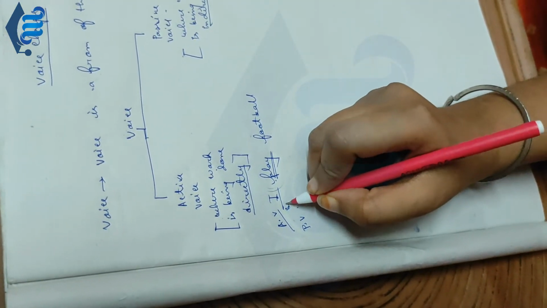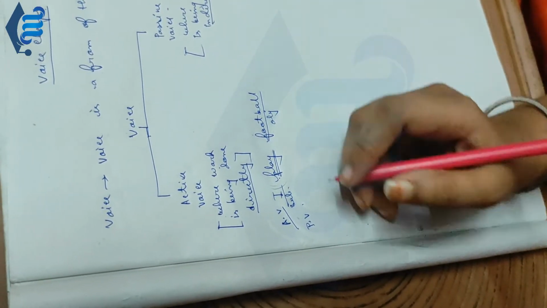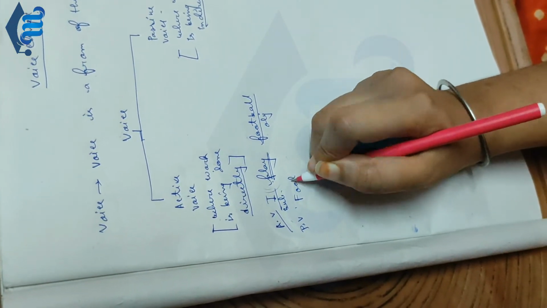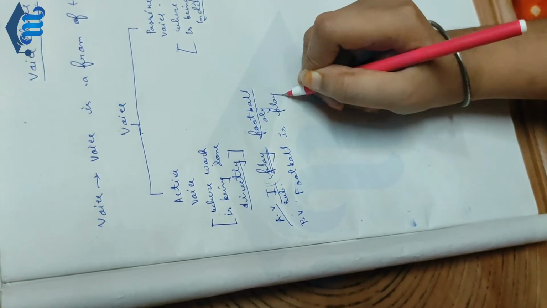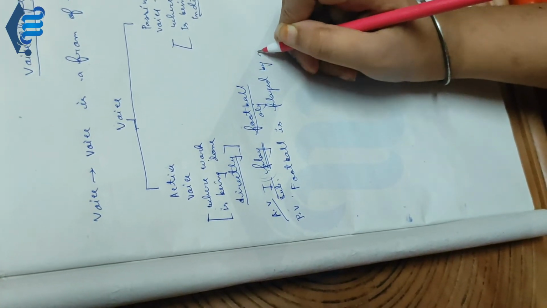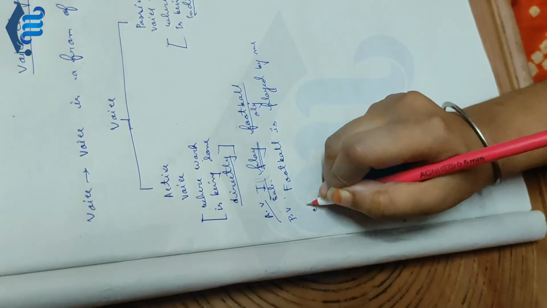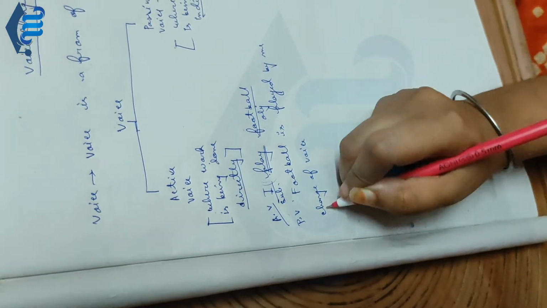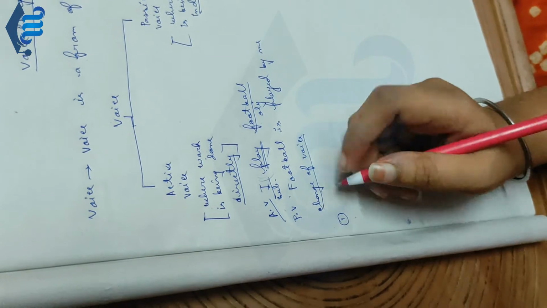Here the subject is I and the object is football. So now we turn it: football is played by me. It's a passive voice. Now, for change of voice, I will say two formulas.